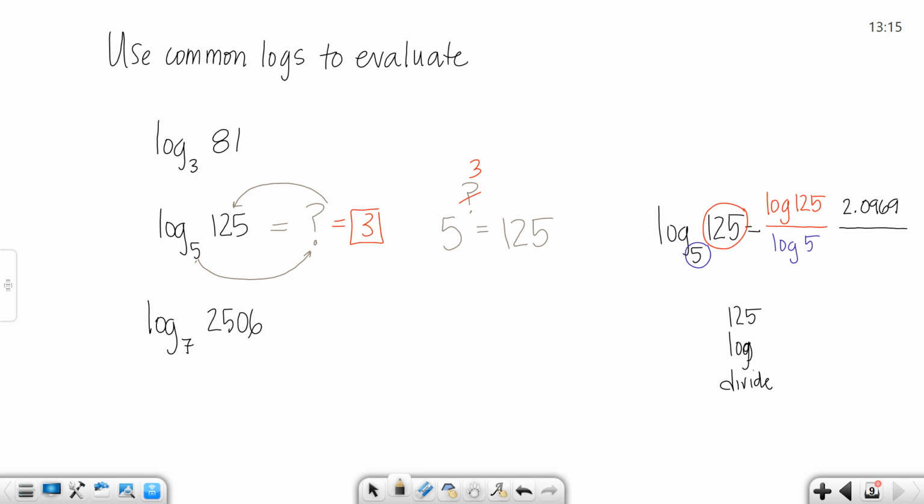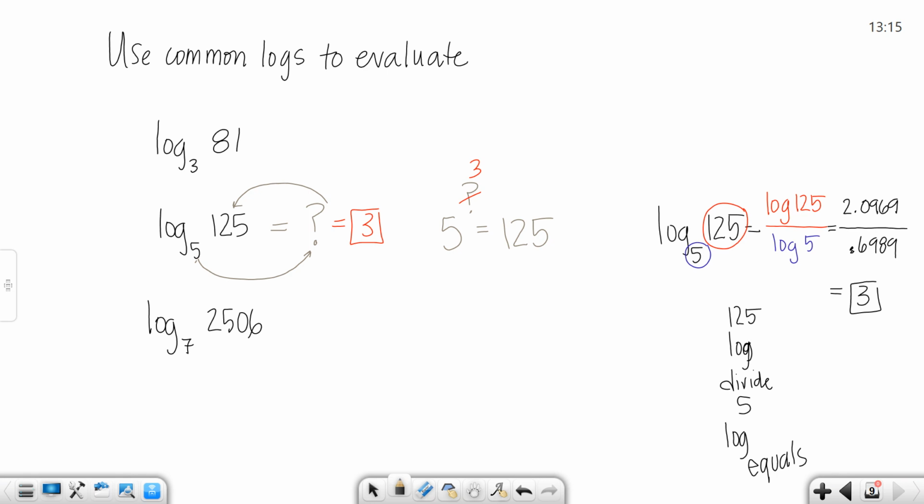And now I want you to hit 5 and your log key. Now what's on your screen is 0.6989. That's not your answer. That's this bottom number. So what you have to do next is hit equals. When you hit equals, you get the answer 3.